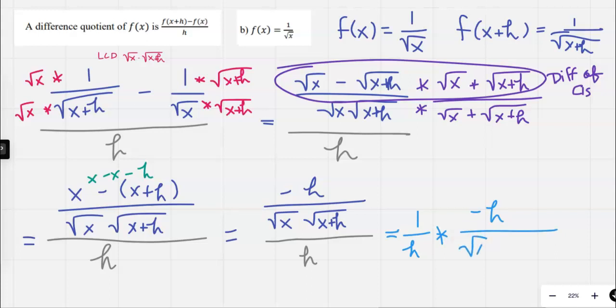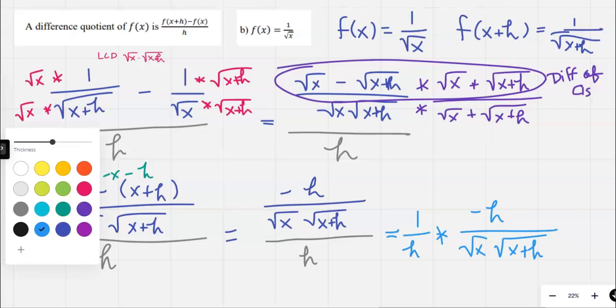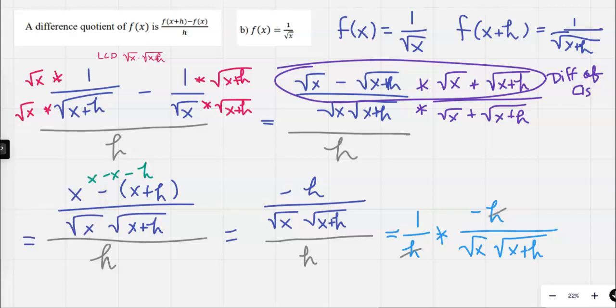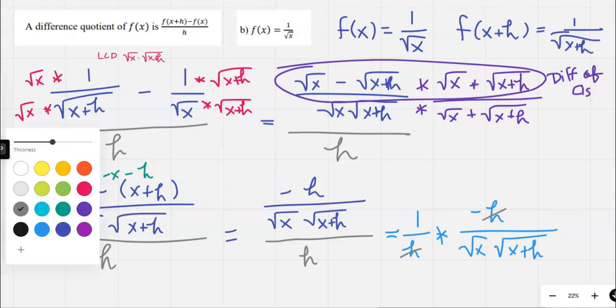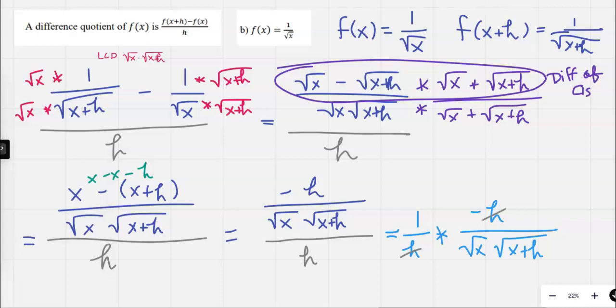So I've got square root of x and then square root of x plus h. Okay. And when I do that, that means I get to have some things that cancel out. Perfect. Okay. And when we do, that then leaves us with our final answer, which we will put in blue.